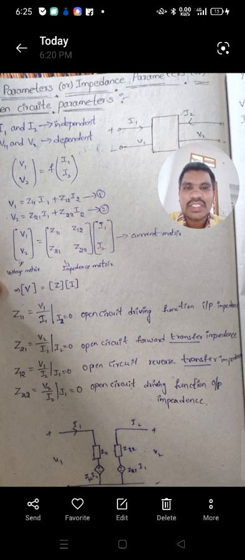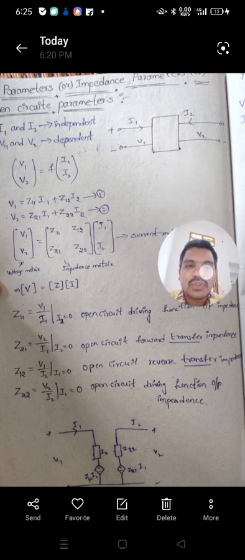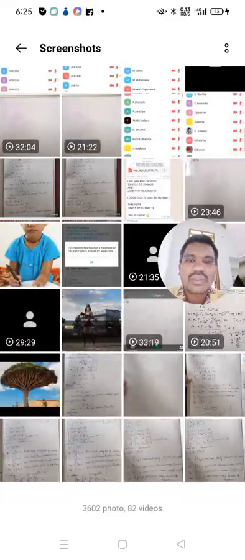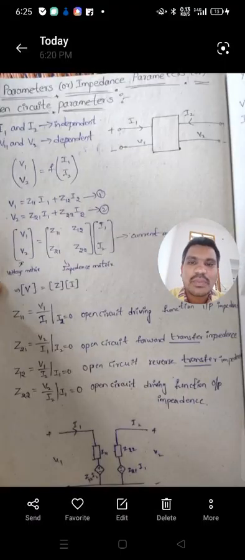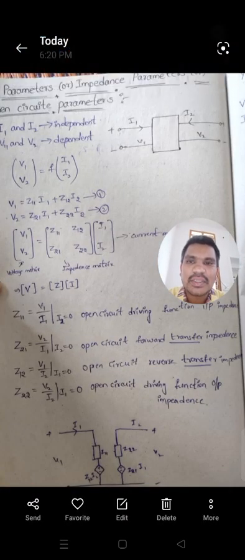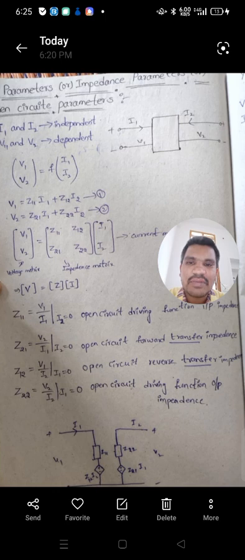Another KVL equation is at the output, where the output V2 depends upon I1 and I2. So we have the KVL equation V2 is equal to Z21 I1 plus Z22 I2.